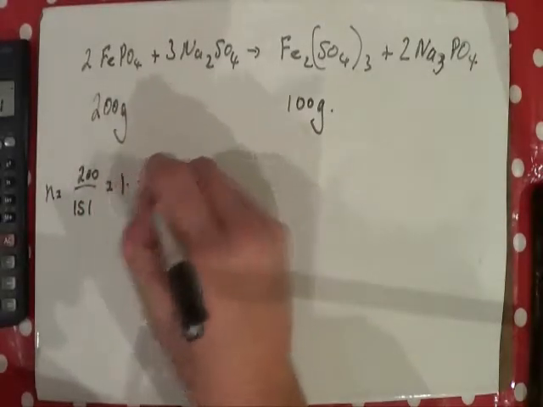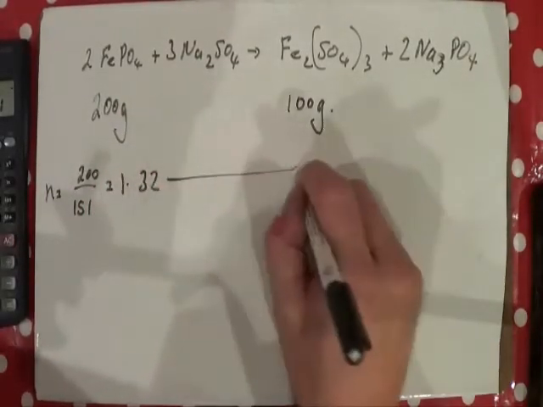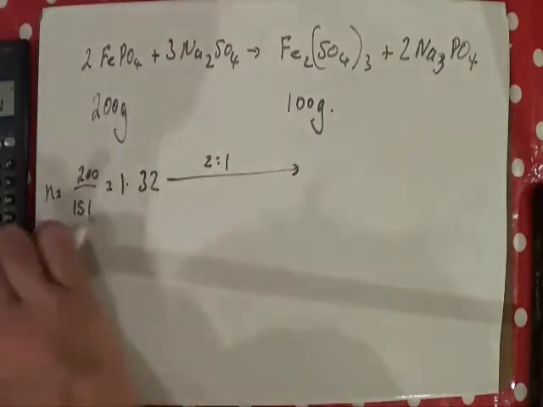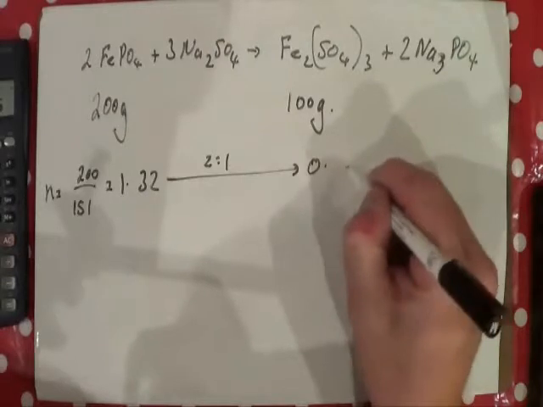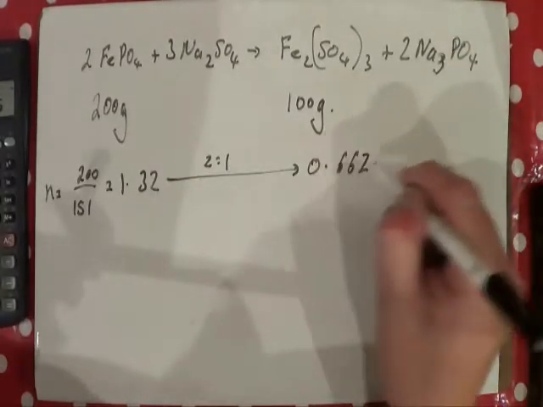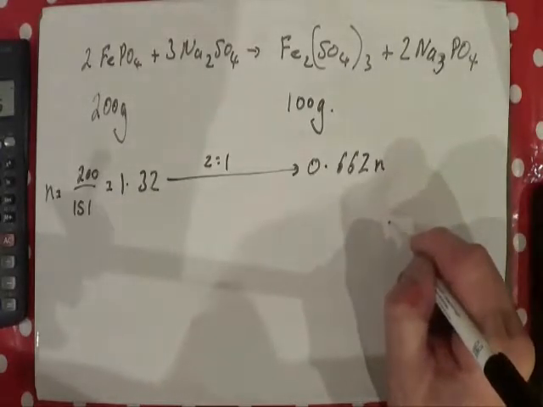That gives me 1.32 moles. Because it's a 2-to-1 ratio, you would expect to make 0.662 moles of that.